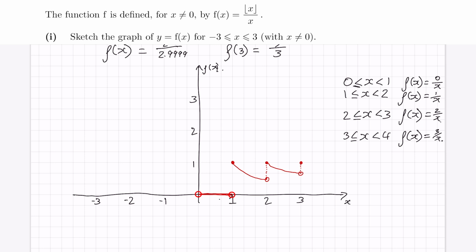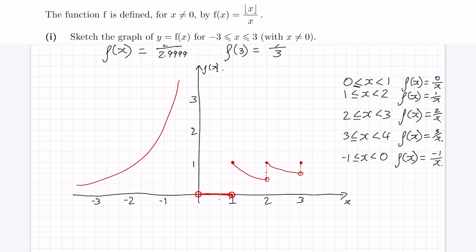Now let's go backwards. So between -1 less than or equal to x less than or equal to 0, what will f of x be equal to? It will be equal to -1 over x. It looks a little bit different because it's now -1 over x, but we're in the negative region. And if I remember right, 1 over x in the negative region looks like this, so therefore -1 over x looks like this.